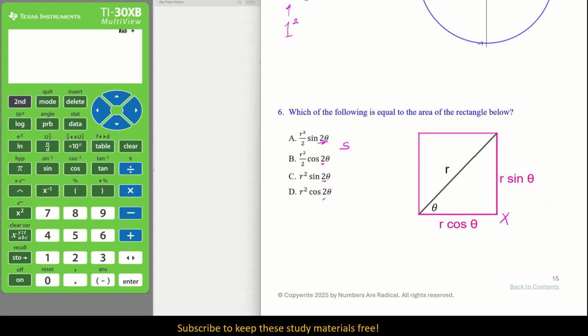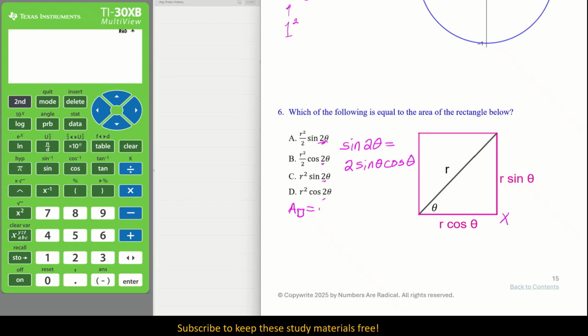So we know that the sine of 2 theta equals 2 times sine theta cosine theta. That is a trig identity. Now, if we're talking about the area of this rectangle, so let me write that. We have the area of this rectangle, be it whatever it is.